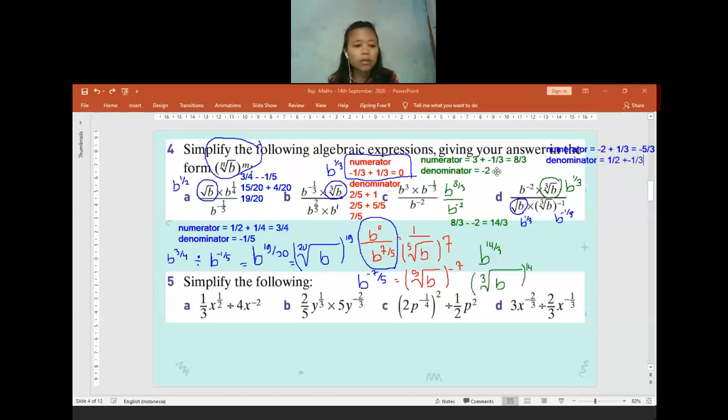How much will it be? 3 out of 6 minus 2 out of 6, it's 1 per 6.